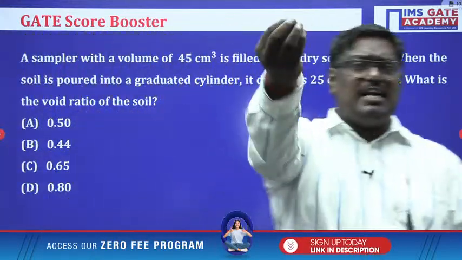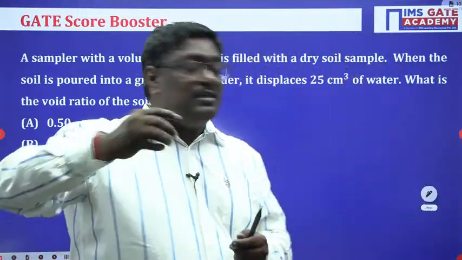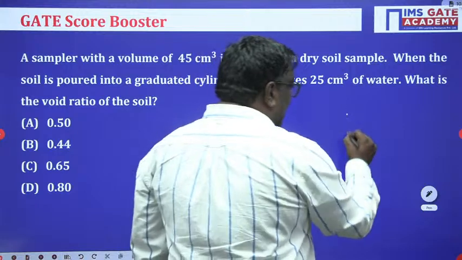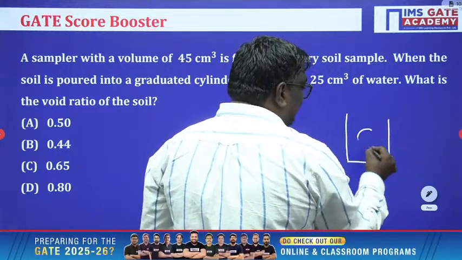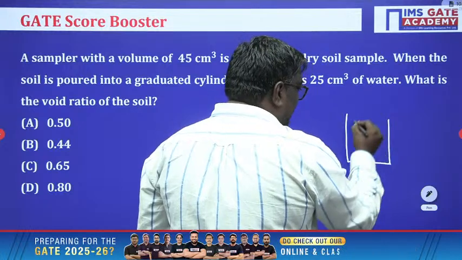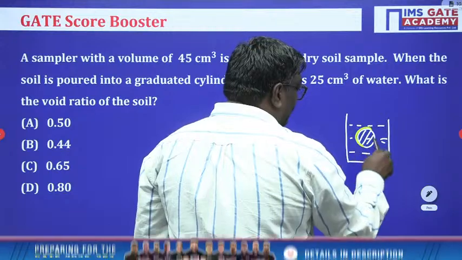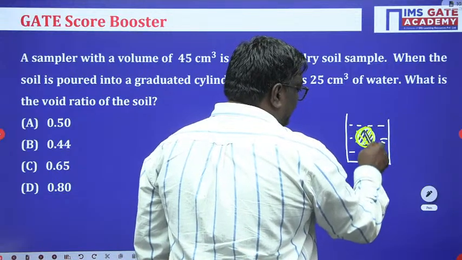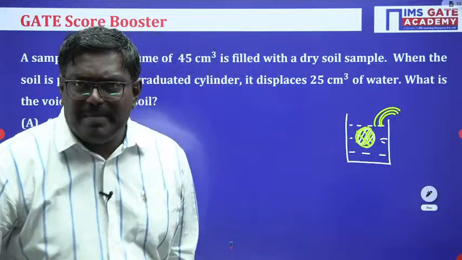Now, my dear students, we have the principle of Archimedes. Suppose you consider a cricket ball immersed in water. Whatever volume is occupied by the ball, that much water will be displaced. Are you getting, my dear students?